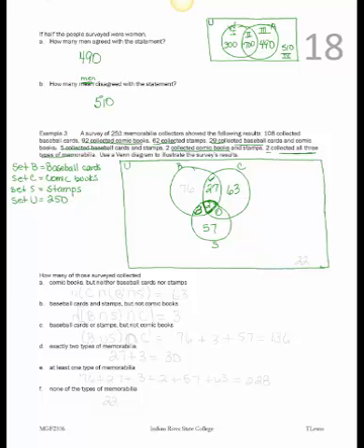And then last, 108 collected baseball cards. Look at the first circle, B. We have 27, we have 2, we have 3. Add those together. What will be the remaining? So this circle would total to 108. 76.